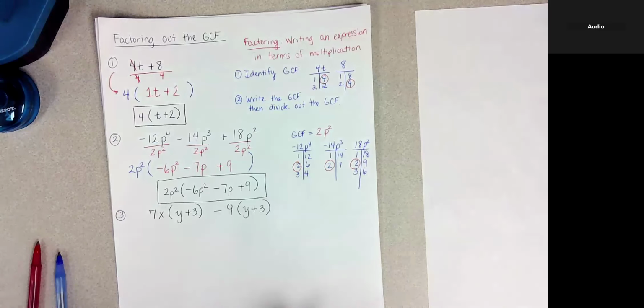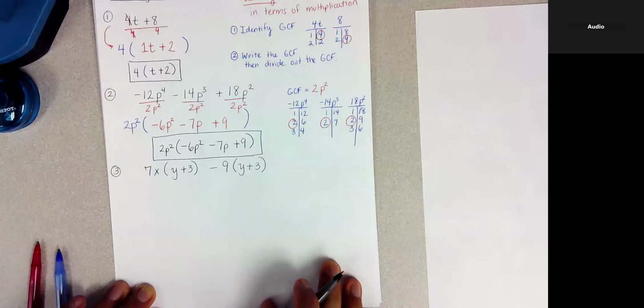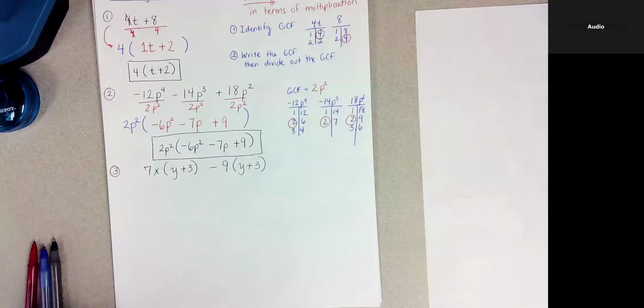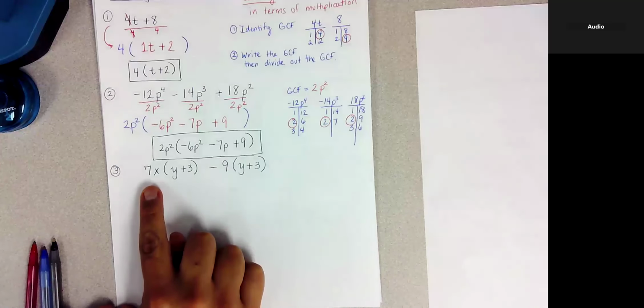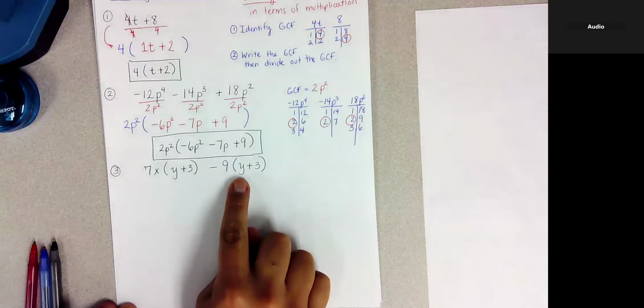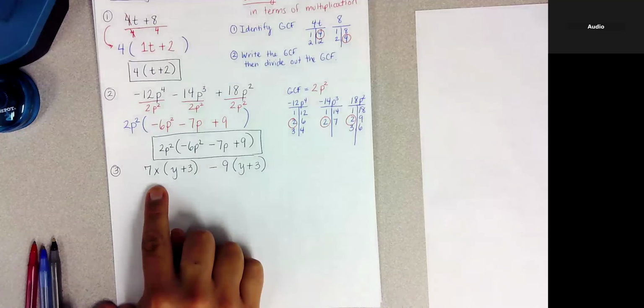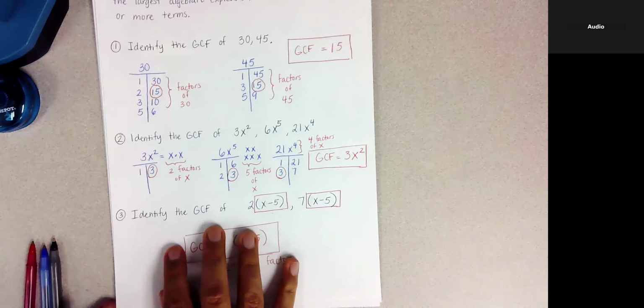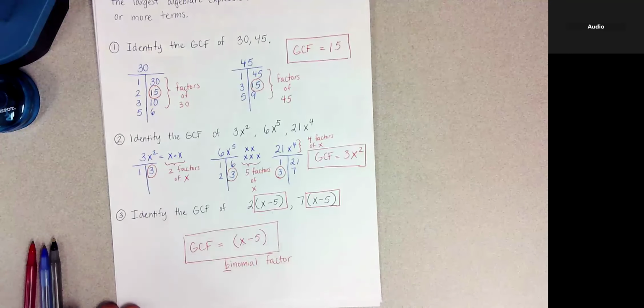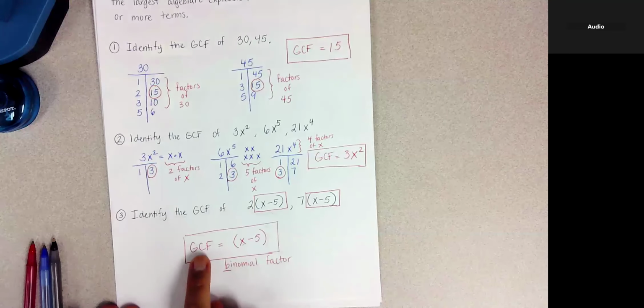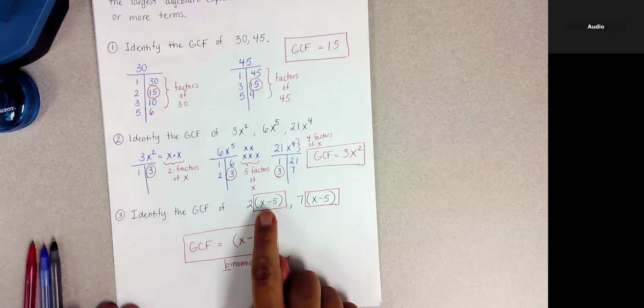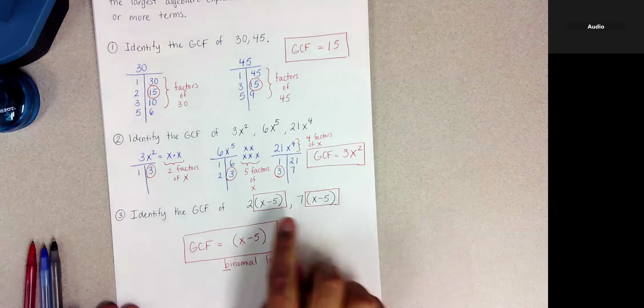Okay. Finally, we have a set of terms that look kind of complicated. Okay. But if you recall, on that last example that we looked at when we were just identifying the GCF, sometimes your greatest common factor is an algebraic expression or a binomial factor.